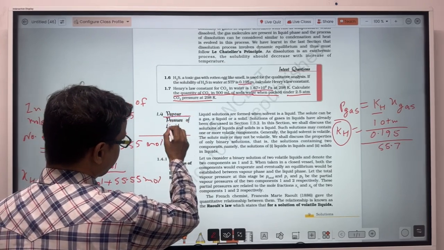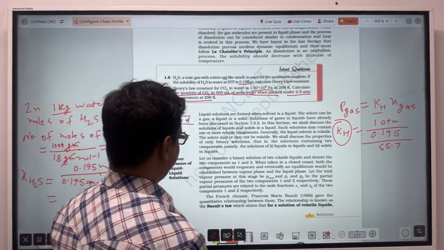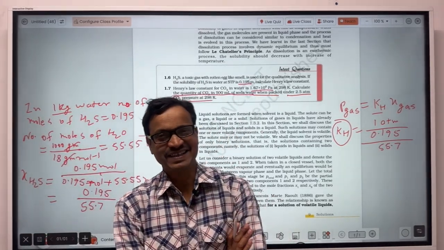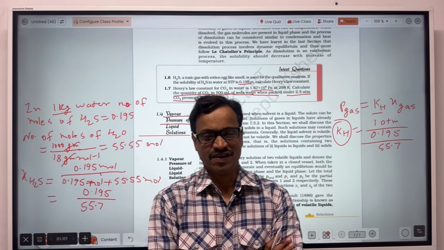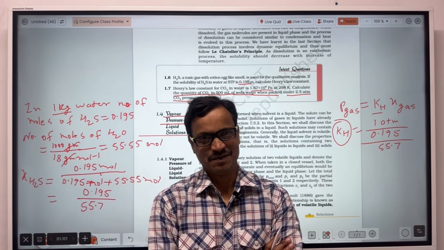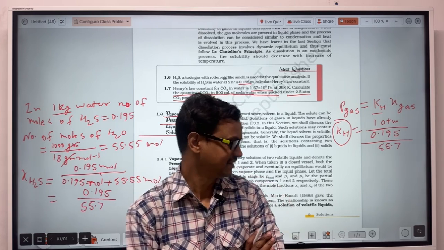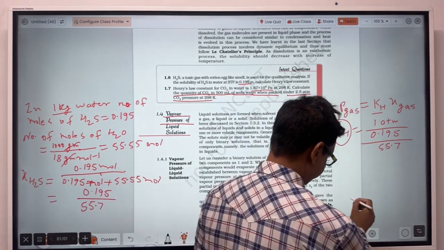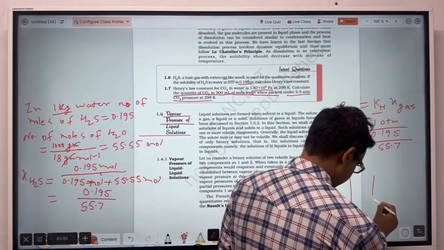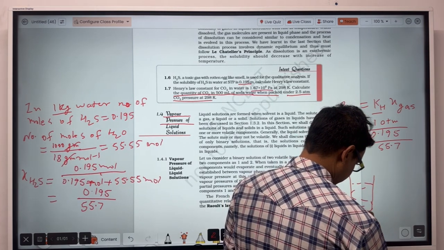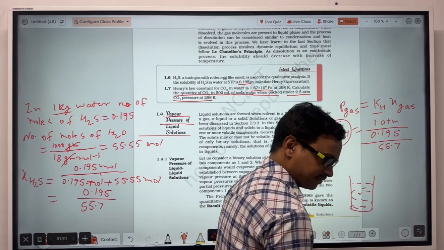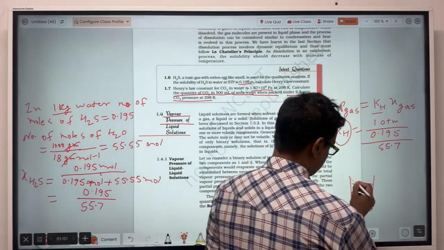First one is vapor pressure. As the name indicates, vapor pressure means pressure of vapor. What is vapor pressure? This is a liquid, whatever that liquid may be, a pure liquid or a solution also.